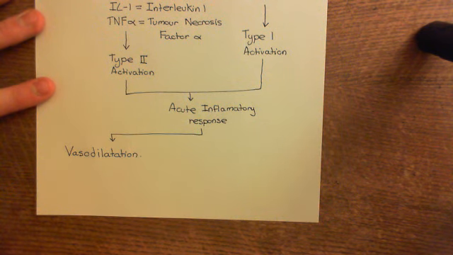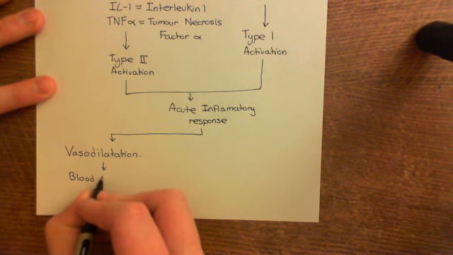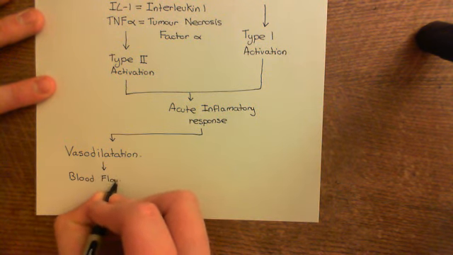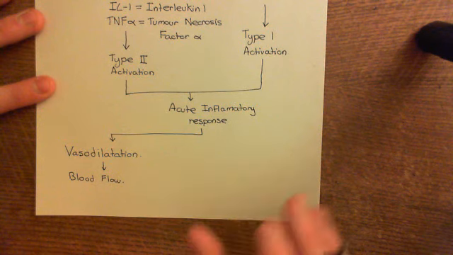Now, what's the significance of vasodilatation of the terminal arterioles? Well, basically, it's going to increase the blood that can flow through the terminal arterioles and therefore increase the blood supply to the synovium. Okay, so blood flow through the synovium is going to go up. Now, remember what the body thinks it is doing. It thinks that it is initiating a response to the presence of an extremely dangerous pathogen.